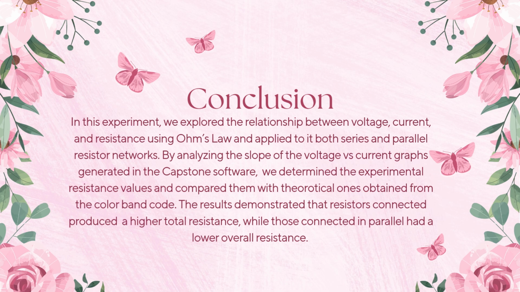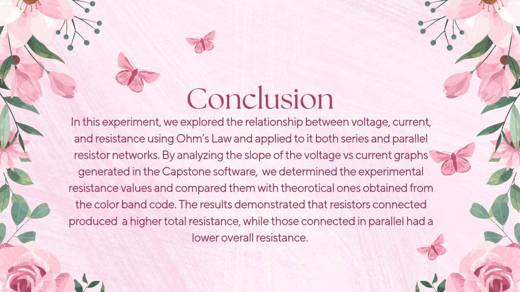The percent error is an important part of understanding the reliability of our data, and a low percent error means our experimental results closely match the theoretical predictions, showing that our setup and measurements were accurate.